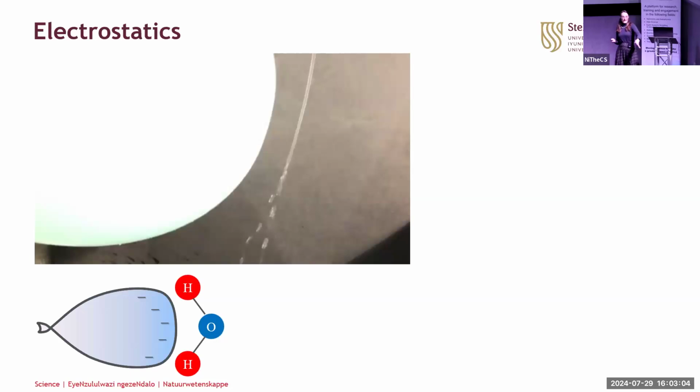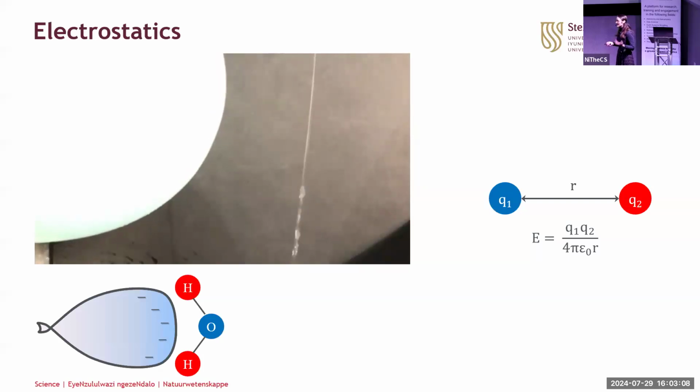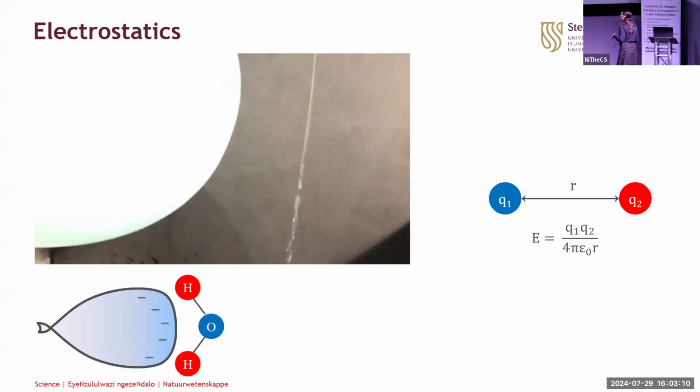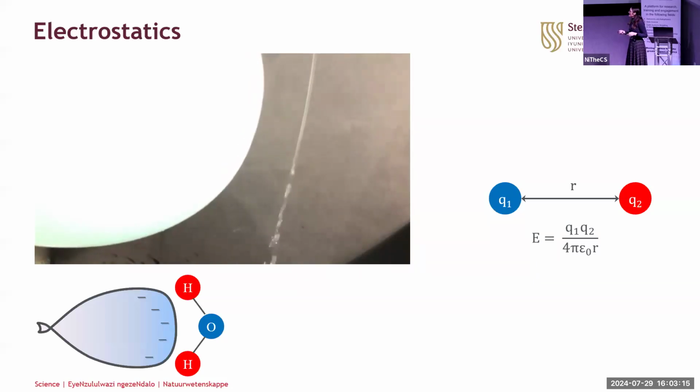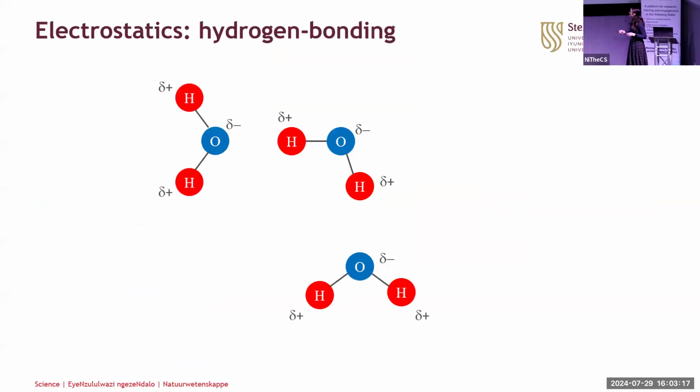Of course, I was very little when I learned about this. Later on, I learned about Coulomb's law, and that this was an interaction that was a result of this charge distribution. And of course, water is not just a single molecule; there's a bunch of molecules in there. So we have this interaction between each of the oxygen atoms and a hydrogen atom that then pulls all of these water molecules together.